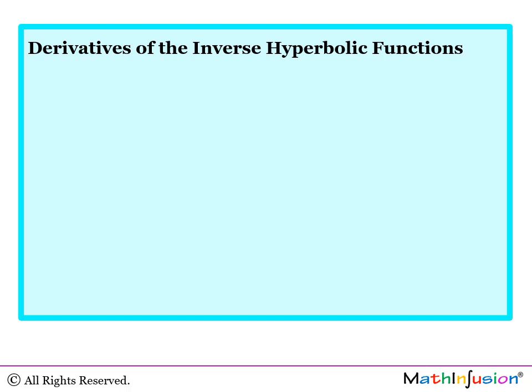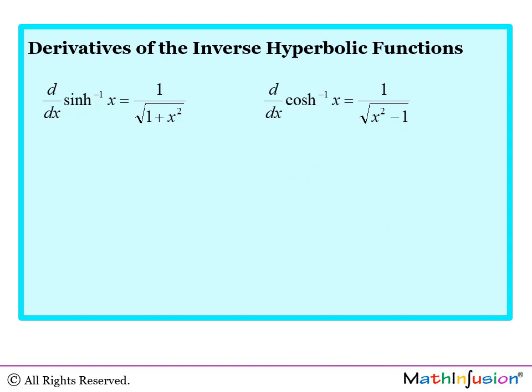Here are the derivatives of the inverse hyperbolic functions. We know this one, and we know this one. d dx of the inverse tangent hyperbolic x equals 1 over 1 minus x to the power of 2. And d dx of cotangent hyperbolic x equals also 1 over 1 minus x to the power of 2.